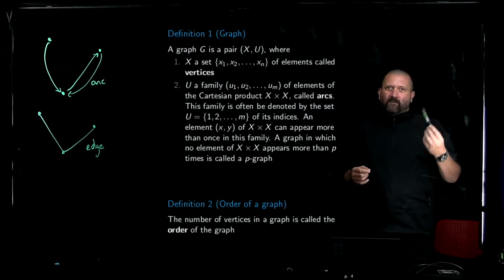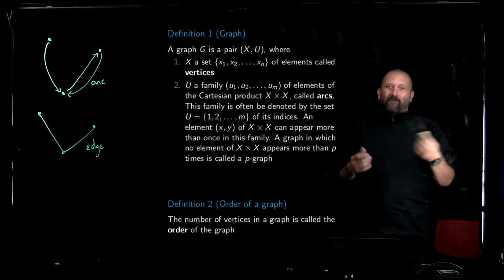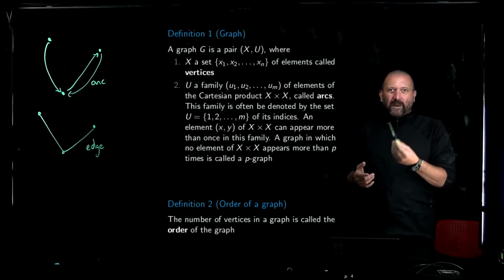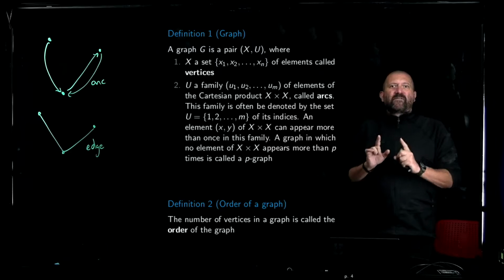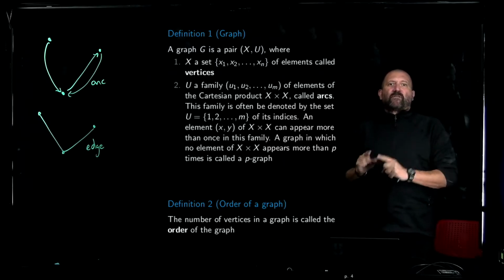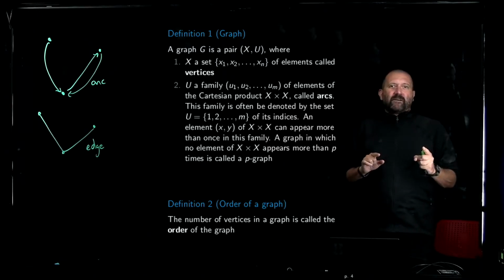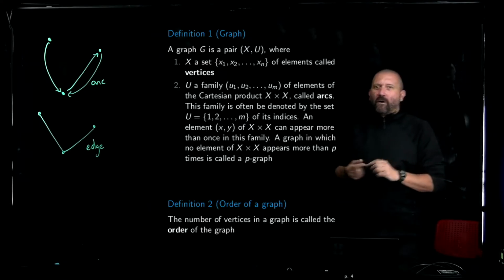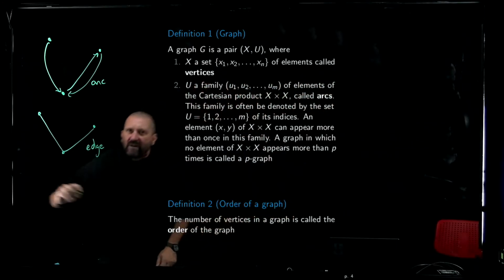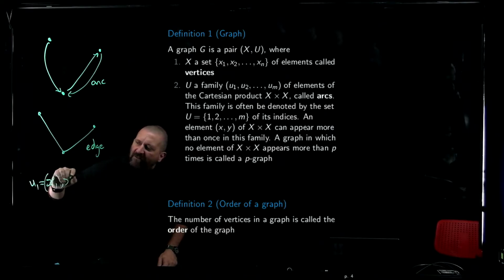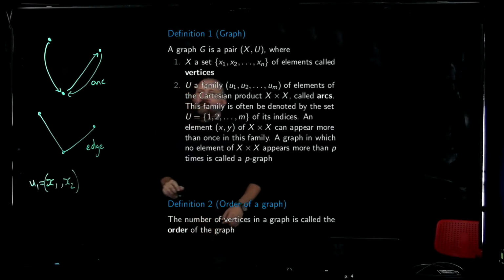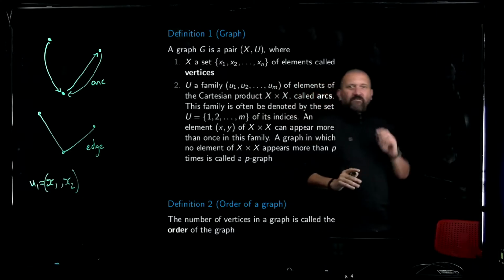So they are not points or vertices, because what they do is, if you see, they are elements of the Cartesian product X times X. Okay. So this means an element of U is something of the form u1 would be, for instance, the pair x1, x2. Okay, this is what this means.